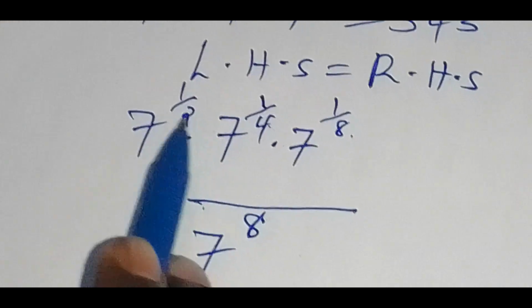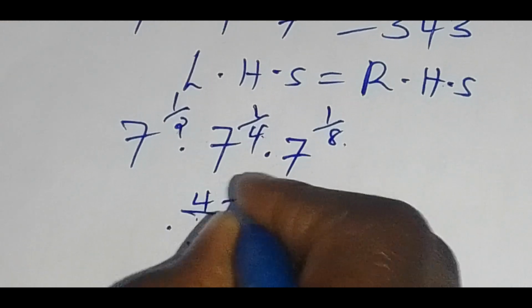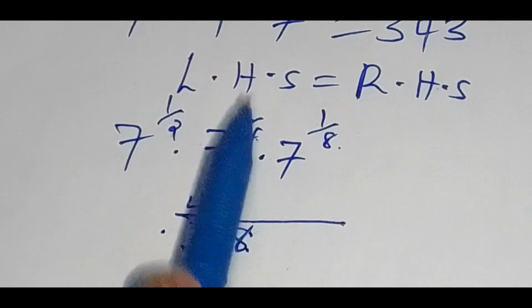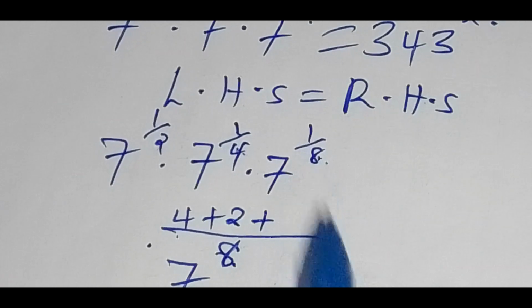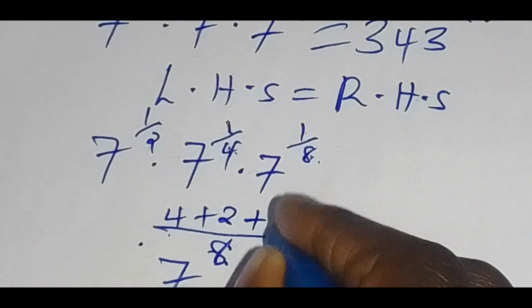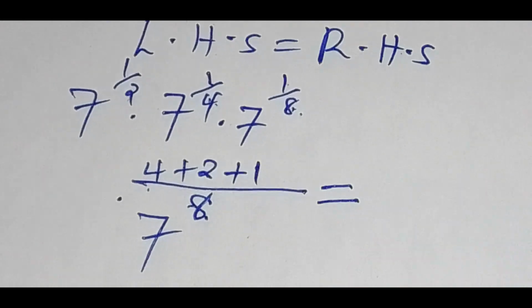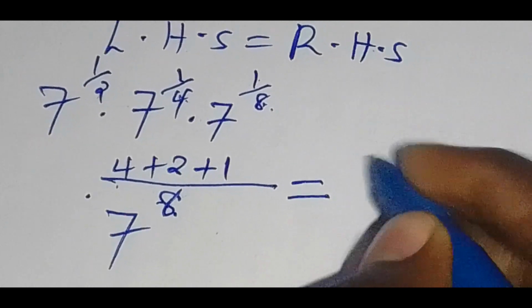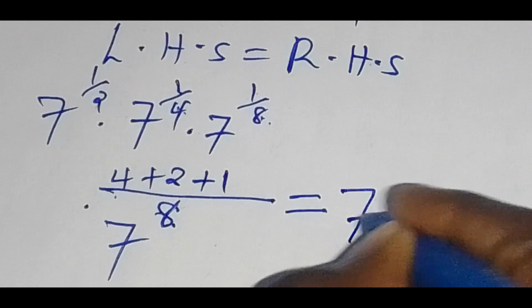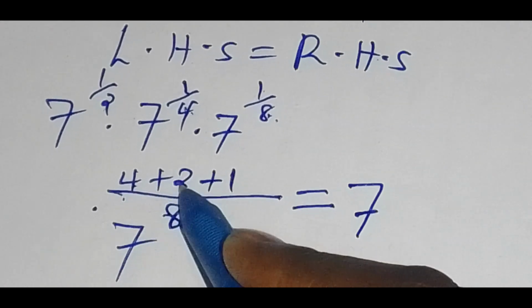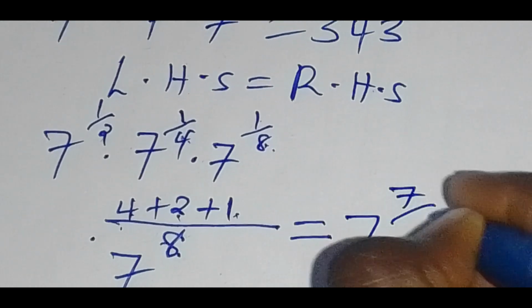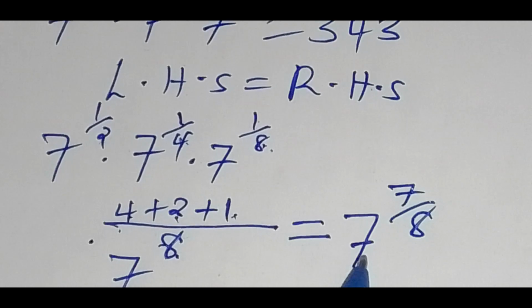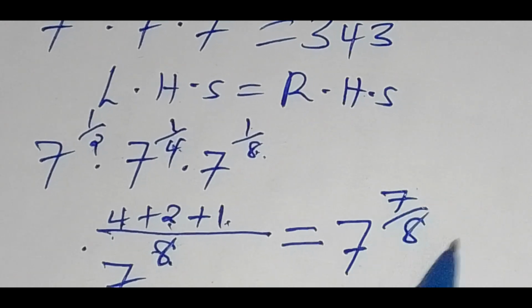So if you say 8 divided by 2, we're going to get 4, plus 8 divided by 4, we're going to get 2, plus 8 divided by 8, which is 1. So definitely, here we have 7 raised to power 4 plus 2, which is 6, plus 1, this is 7 over 8. So we have 7 raised to power 7 over 8.